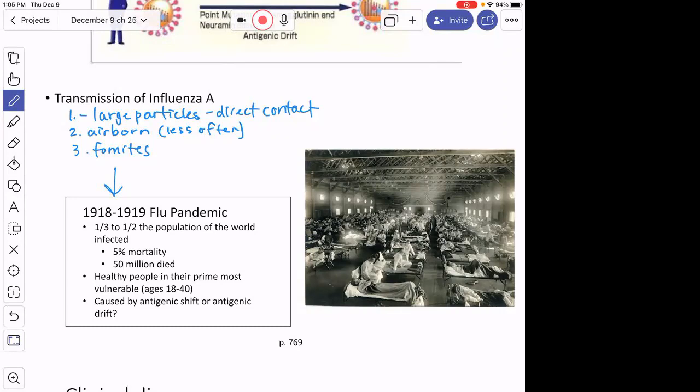Traditionally we don't think about the flu as being very deadly, but the strain that surfaced back then was different than the flu that we see today.